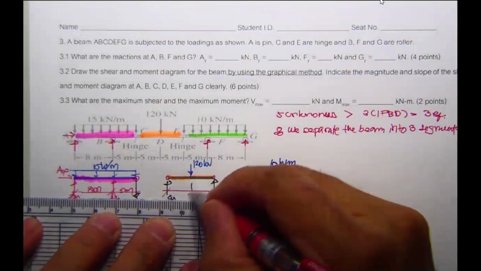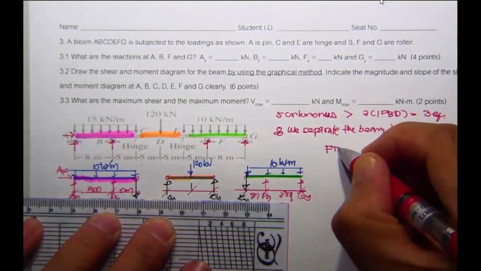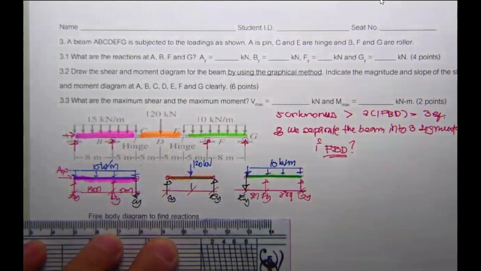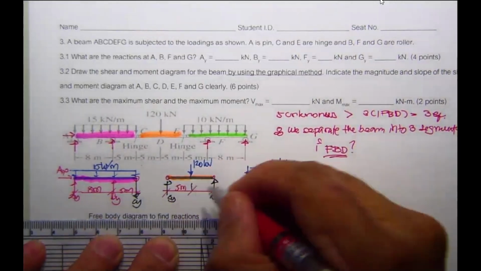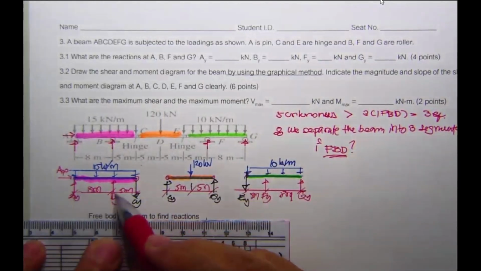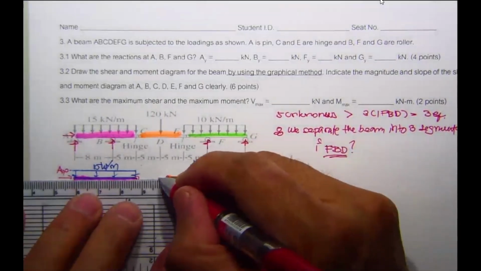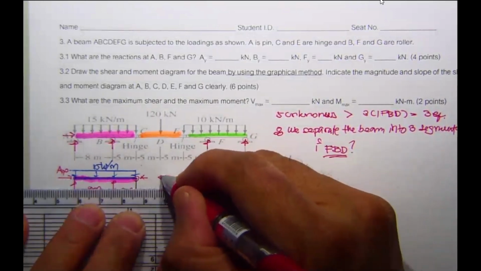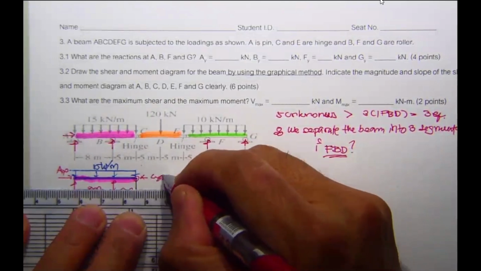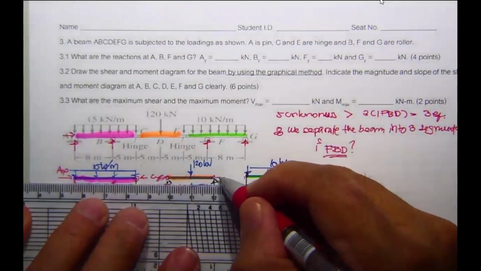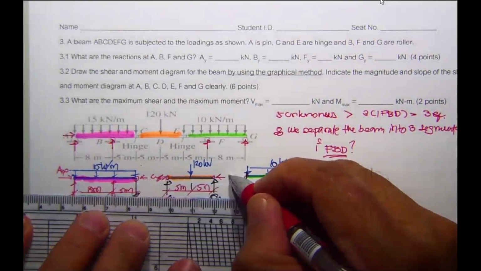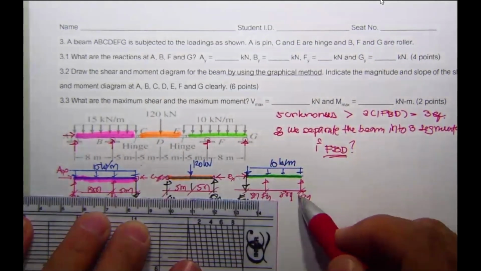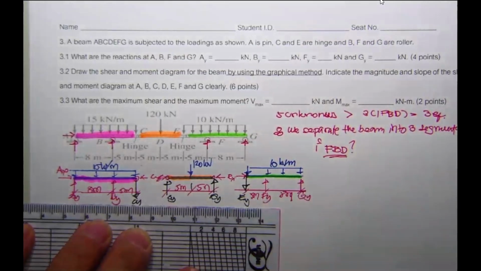Which one are you going to start with first? Which one is going to be our first free body diagram? You have to consider 1, 2, 3, 4, and then 5, 6, and then this is E sub X. This one has 1, 2, 3, 4.